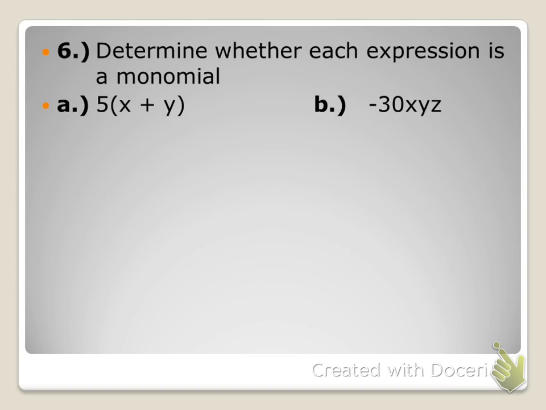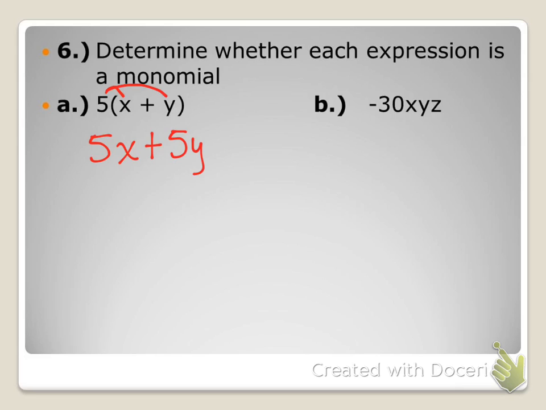Okay, then let's practice it a little bit. Determine whether each expression is a monomial. Now, before we make a final decision about 6a, what do you think I should do? Distribute. Let's see if distributing changes anything for us. 5 times x is 5x, plus 5 times y is 5y.